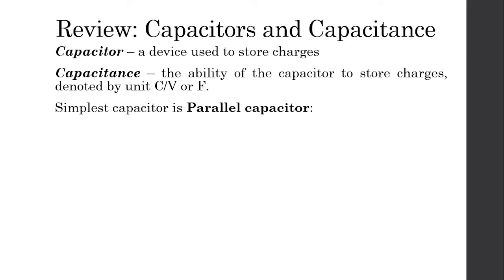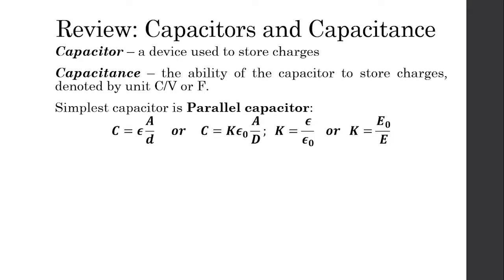The simplest capacitor that we know is what we call a parallel capacitor. It's basically composed of two identical separate plates separated by a dielectric material. And if you want to measure the capacitance of that parallel capacitor, we usually use these equations, wherein the capacitance is equal to the permittivity of the dielectric material multiplied by the area of one of the plates divided by the distance between the two plates.